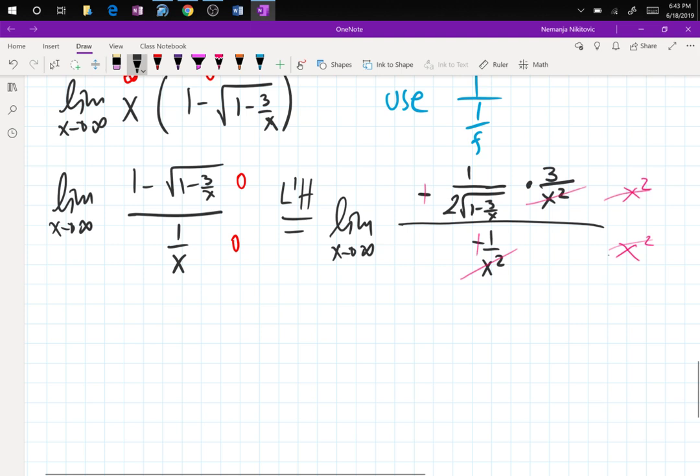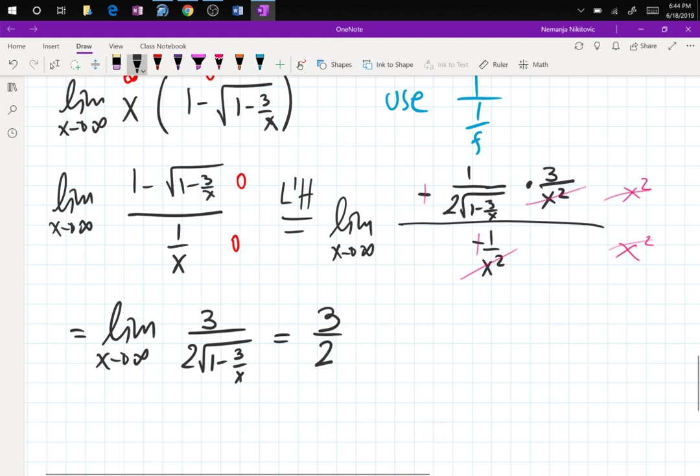So what you're left with is the limit as x goes to infinity of 3 divided by 2 times the square root of 1 minus 3 over x. When you plug in infinity, 3 over x goes to 0, so the whole thing becomes 3/2. Yay! Infinity minus infinity worked out to be 3/2.